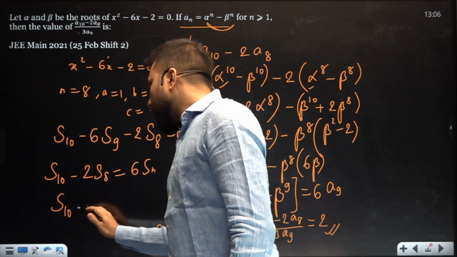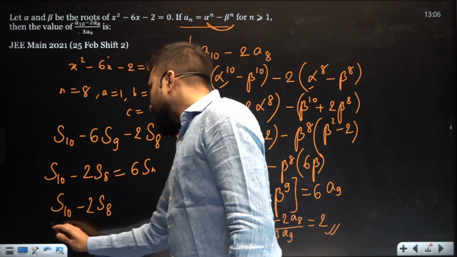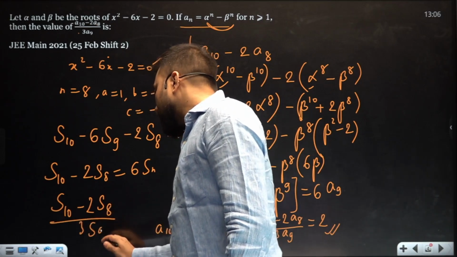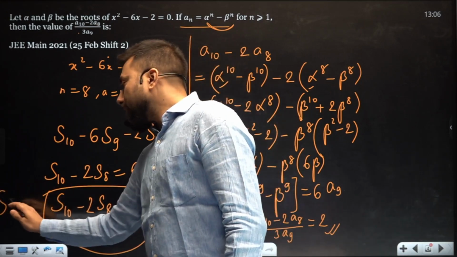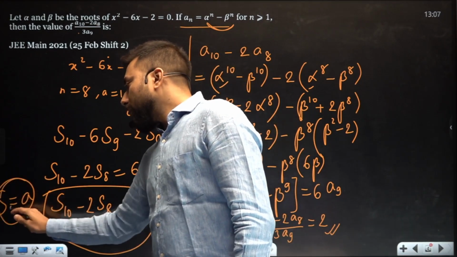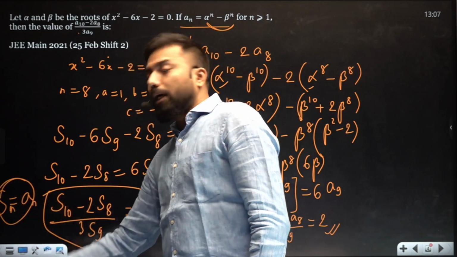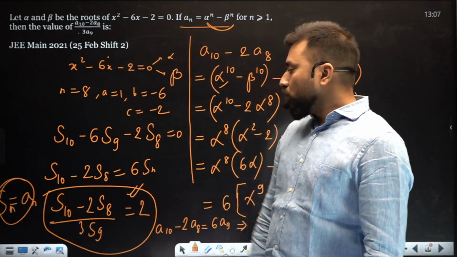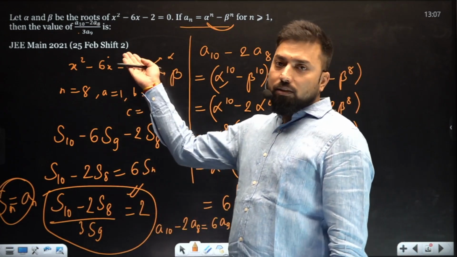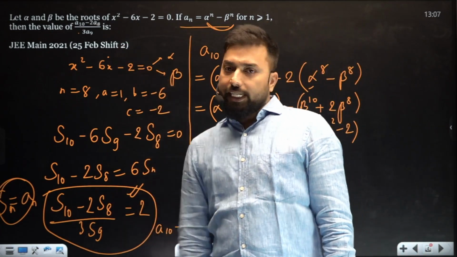So S10 minus 2S8 by 3S9 is equal to 2. Now here Sn is An. I am writing Sn as An over here. So this particular value is 2, which we directly got from Newton's identity.